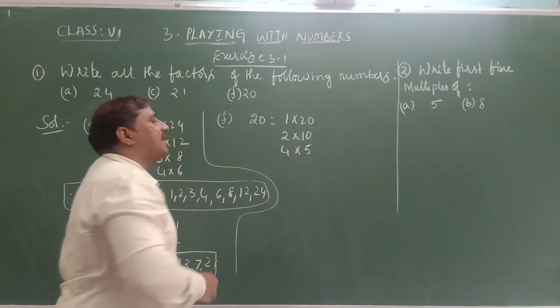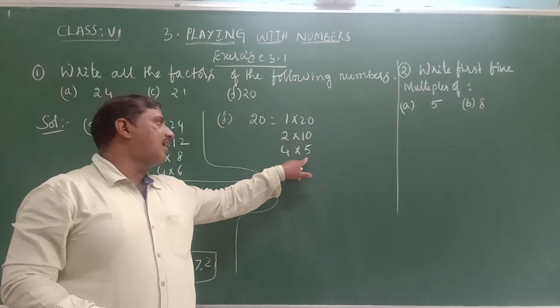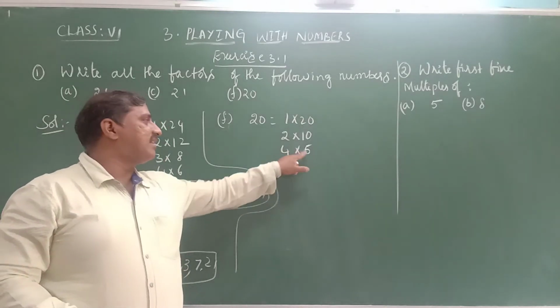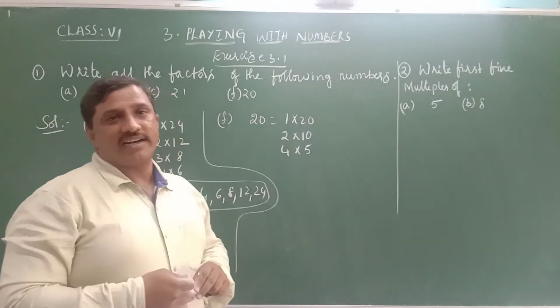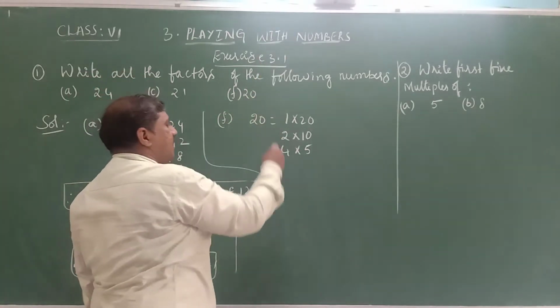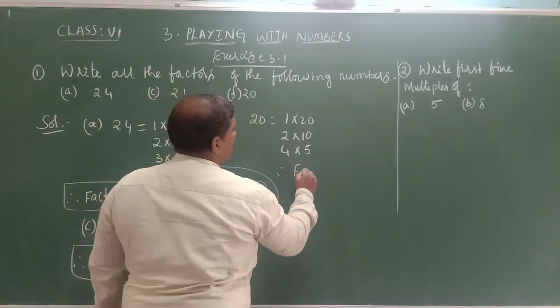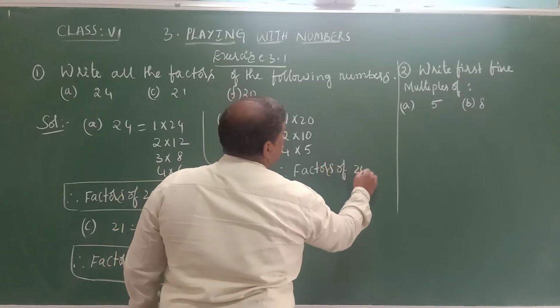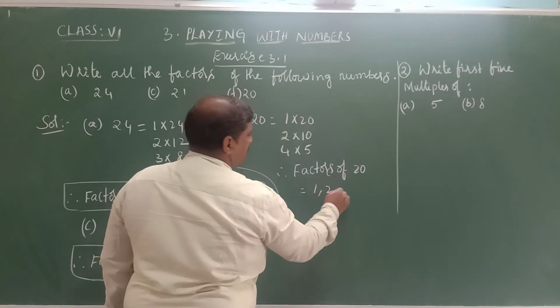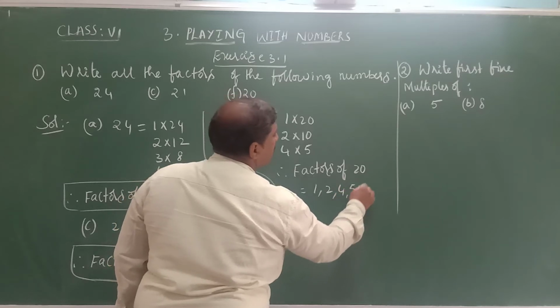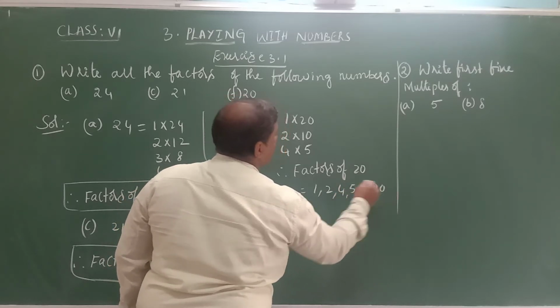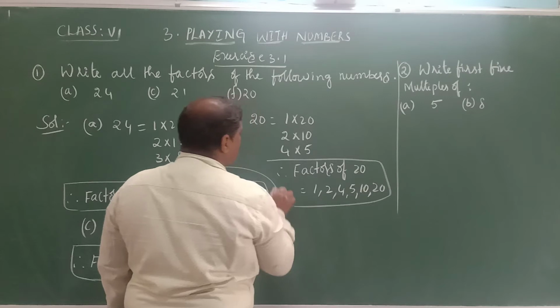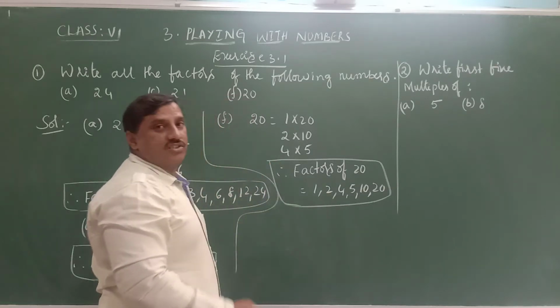You continue till you reach numbers where there is no other number between the two as a factor. Therefore, factors of 20 are 1, 2, 4, 5, 10 and 20.